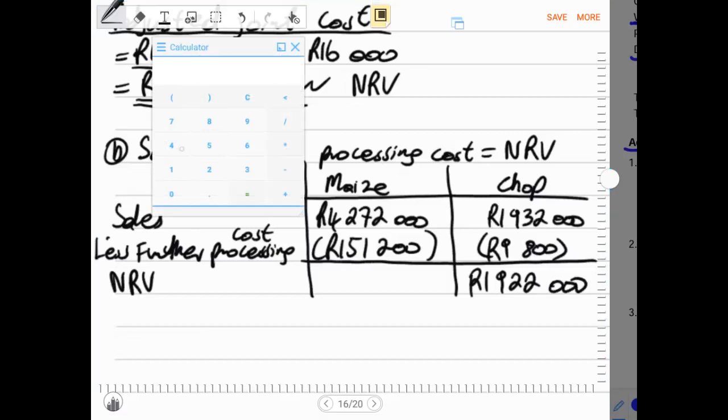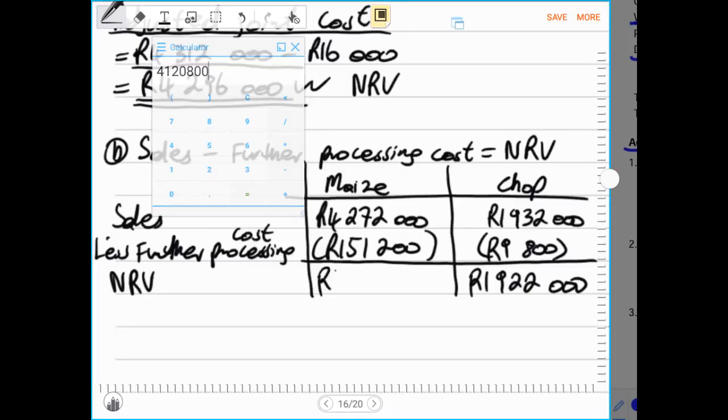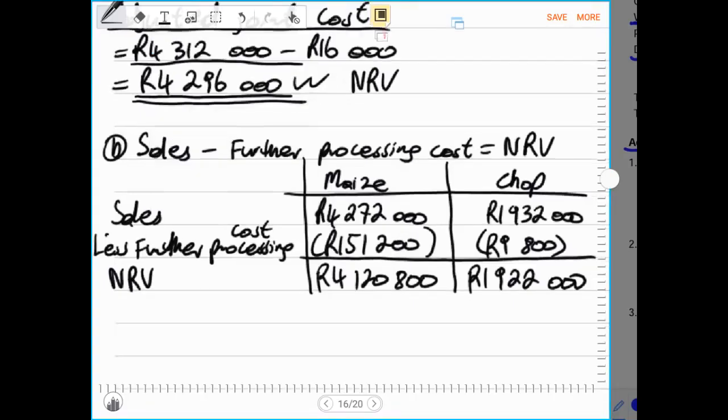Then we have 4,272,000 minus 151,200, and this gives us 4,120,800. This is our net realizable value.